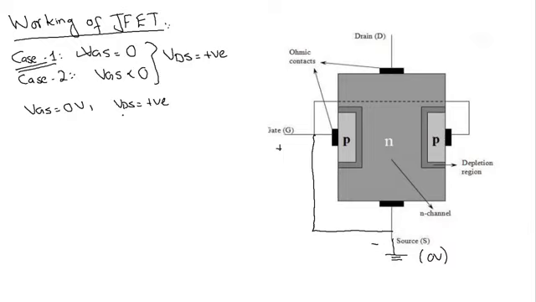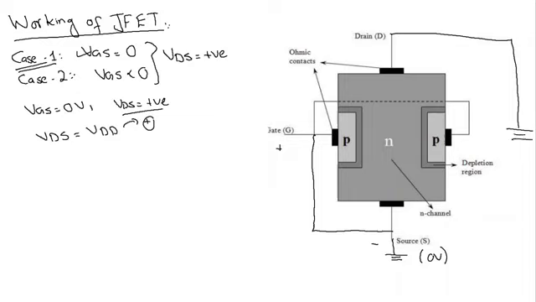The next thing is that VDS is equal to some positive value. Let's suppose that VDS is equal to VDD, and this VDD is some positive value. VDS is the potential difference between the drain terminal and the source terminal, so I am going to connect a battery between the drain terminal and the source terminal, and this battery is going to be a positive battery.